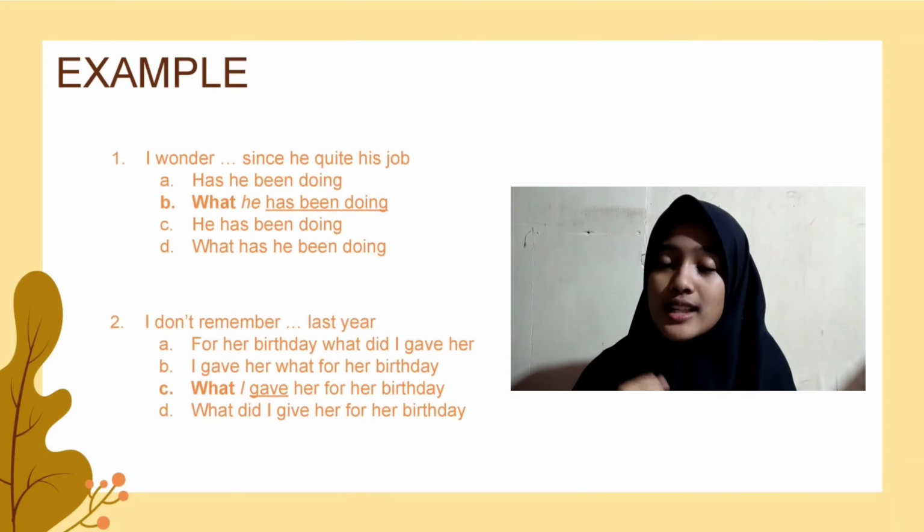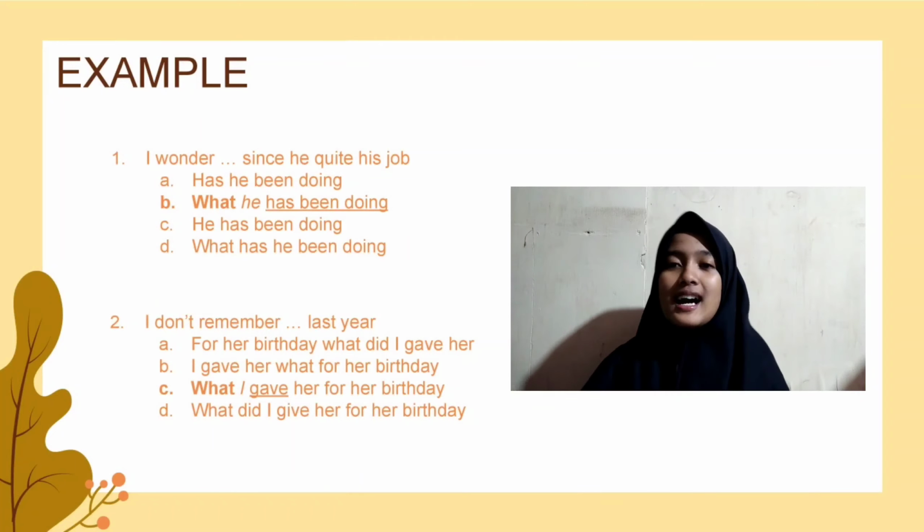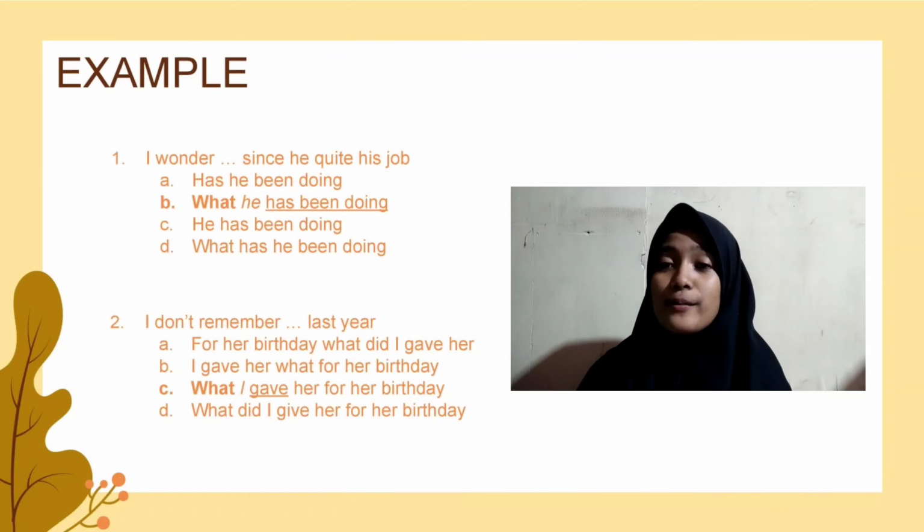And option D is wrong too because "did," as the verb of the clause, should be placed after "I" as the subject of the clause. Okay, I think that's enough examples of noun clauses.